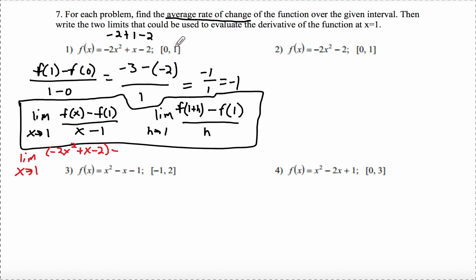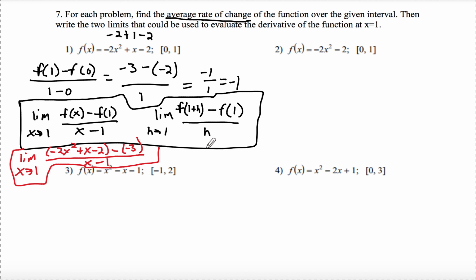We already found it. F of 1 was negative 3, so minus negative 3, all over x minus 1. That would be our limit definition of a derivative if we actually wrote out the function and substituted in our values.